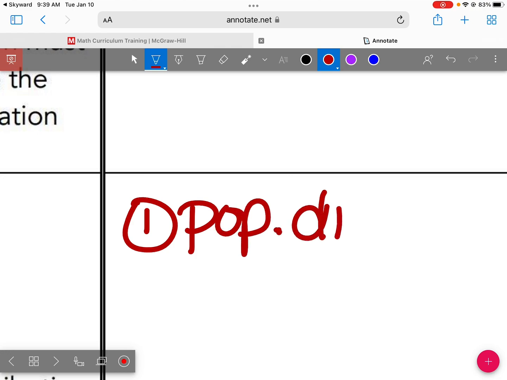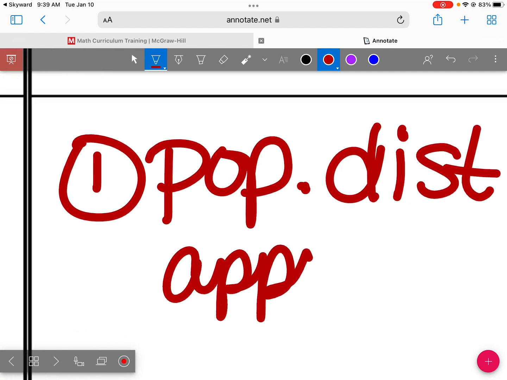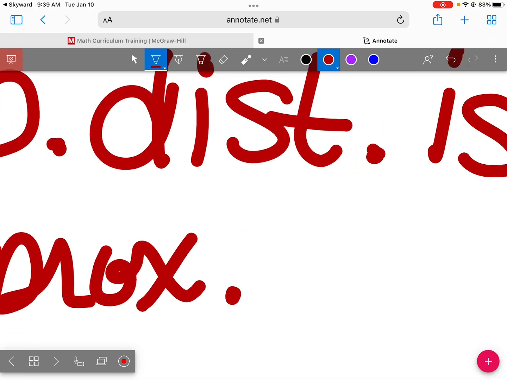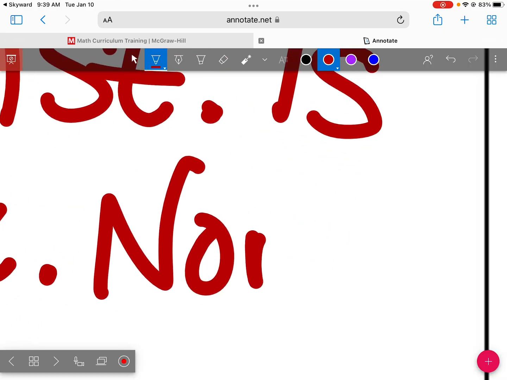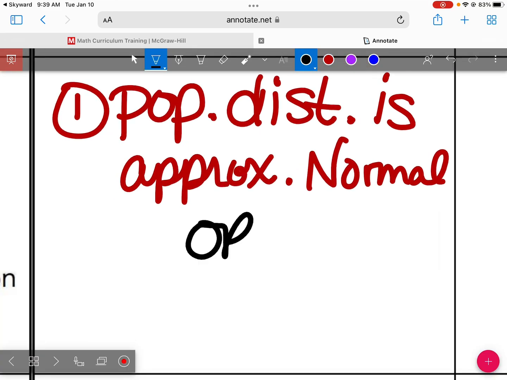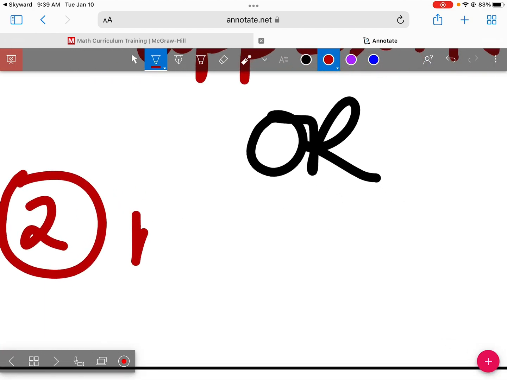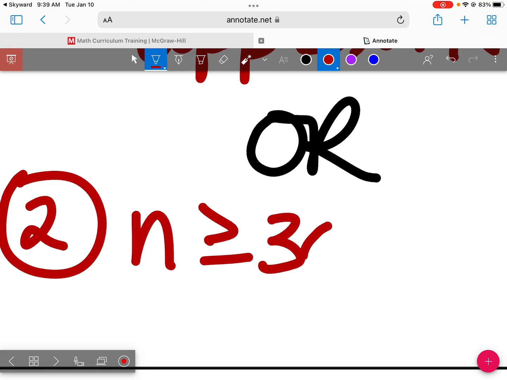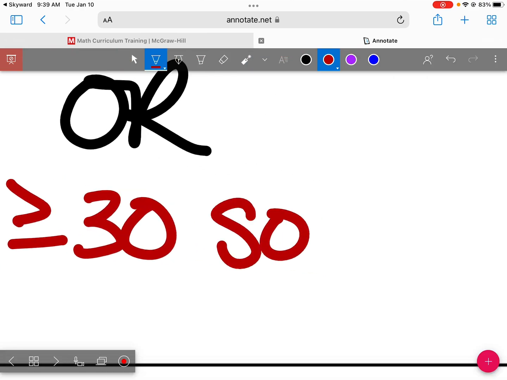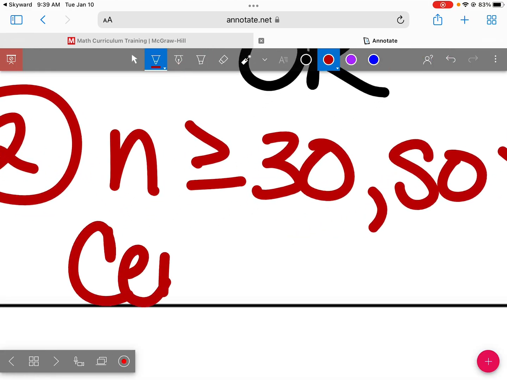Population distribution is approximately normal, or n is greater than or equal to 30, so the central limit theorem applies.